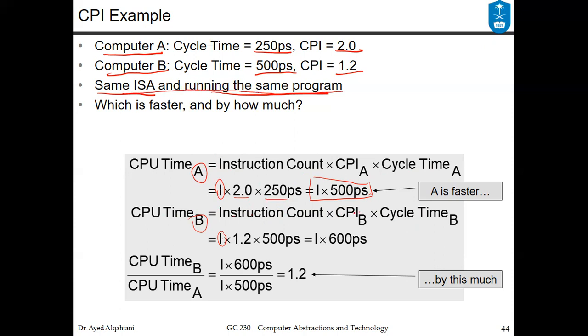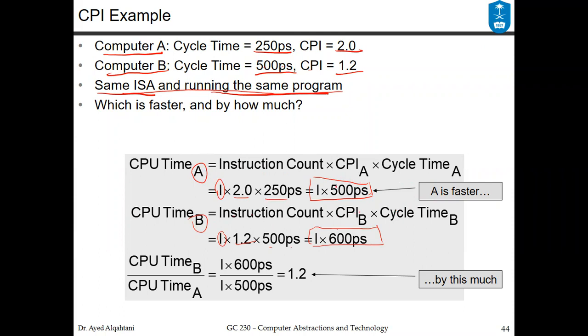Now you get the CPI of computer B, and the 500 picosecond cycle time, and you get I times 600 picoseconds. Don't forget, this is a time. So the bigger number means you will spend more time to execute in B. And this means A is faster because it has less time.